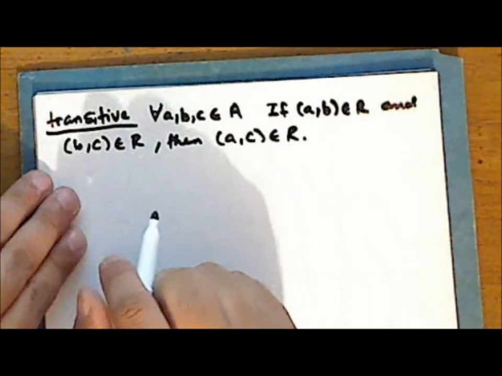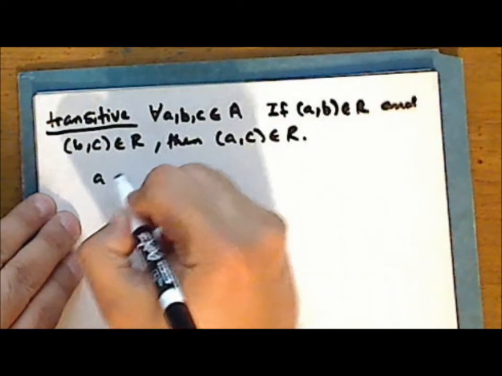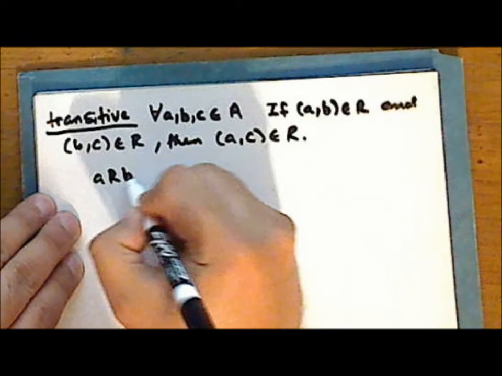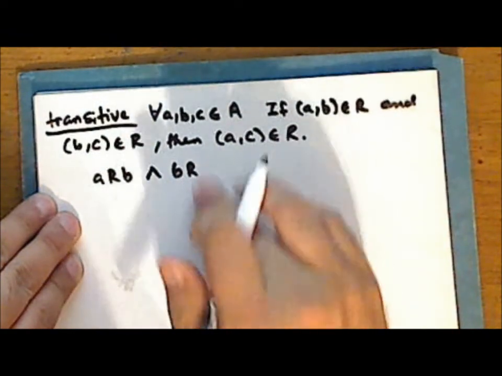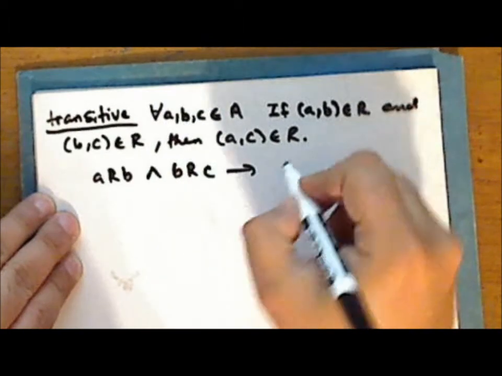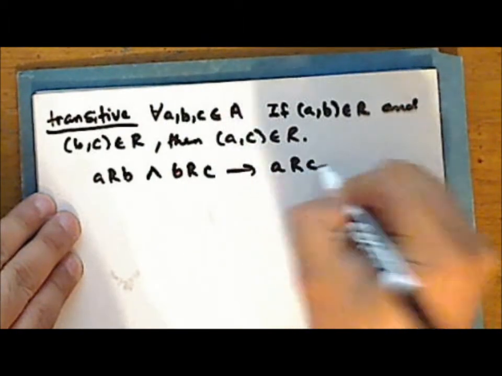So again, using relational notation, if a is related to b and b is related to c, this implies that a is related to c.